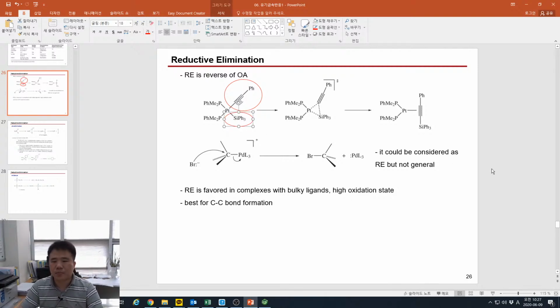In this case, a three-center concerted mechanism, a three-center cyclic triangle, is generated, and then this bond and this bond break, and this bond is strongly formed to generate this one.